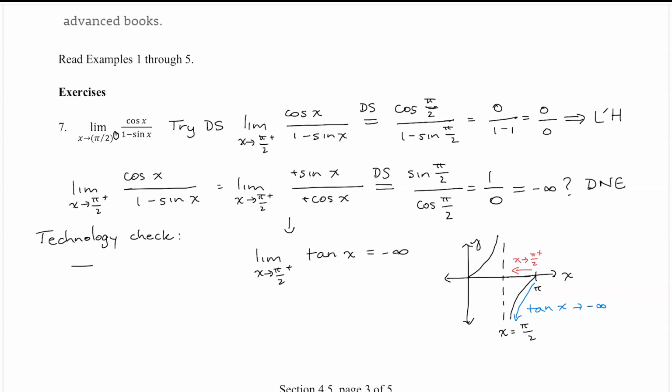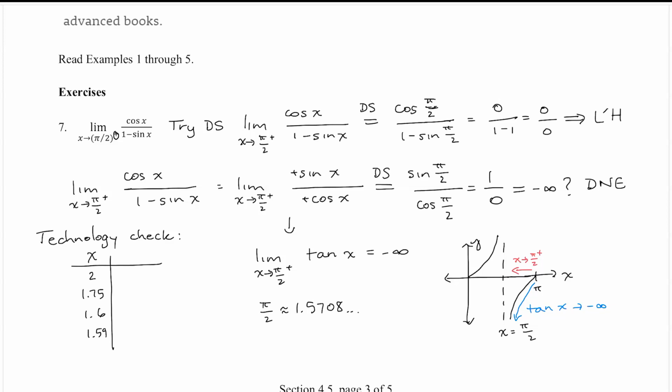Now here's another thing. I would encourage you, since you have your calculator or computer with Mathematica, that you do a little technology check. I don't know if you remember, pi over 2, that's roughly 1.57.